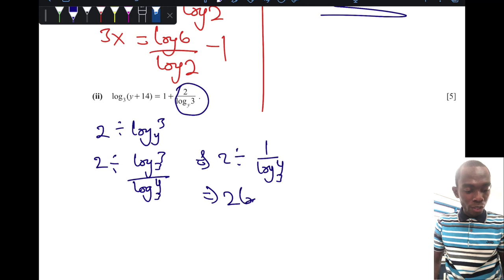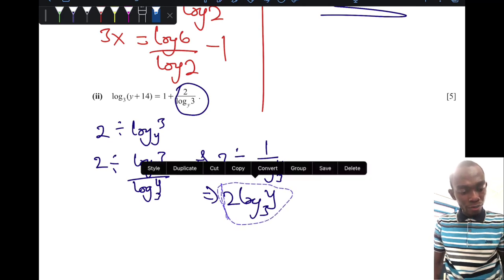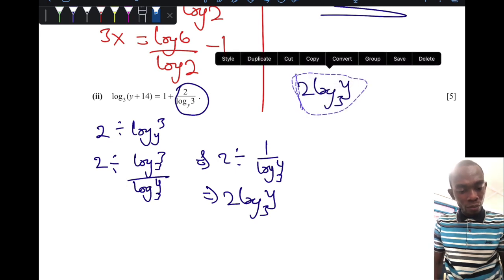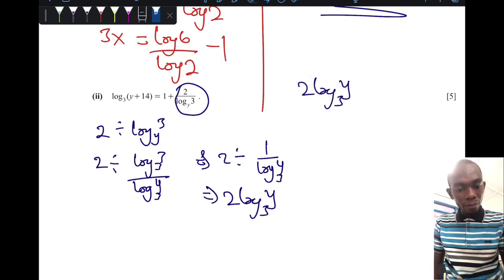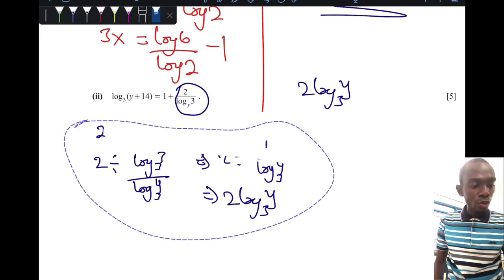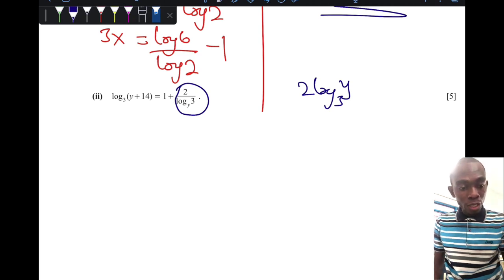Okay, so this is what we are going to have. Now we can copy this and go and use it. Let's put this somewhere here. Then we can clean all this. I need a space to work out. I don't want to be scrolling up and down. Okay, so let's work it out.